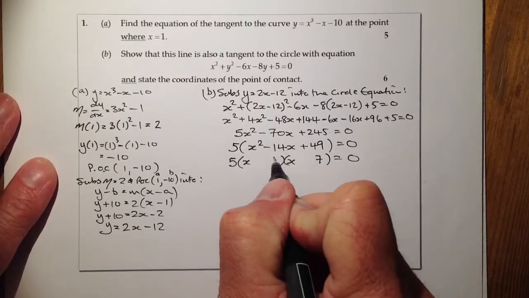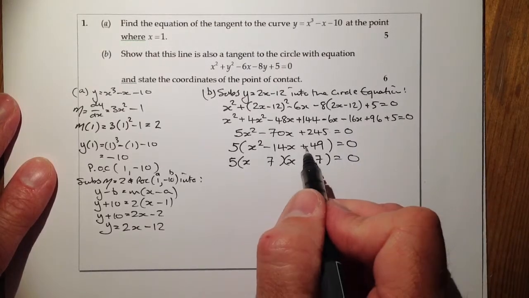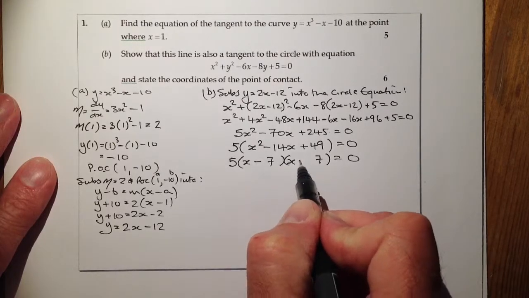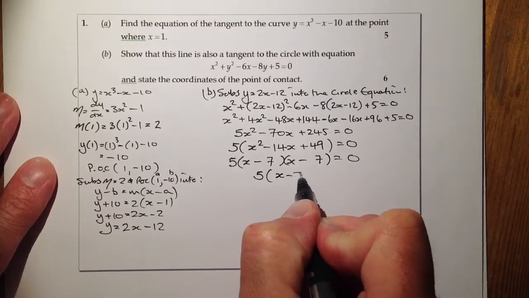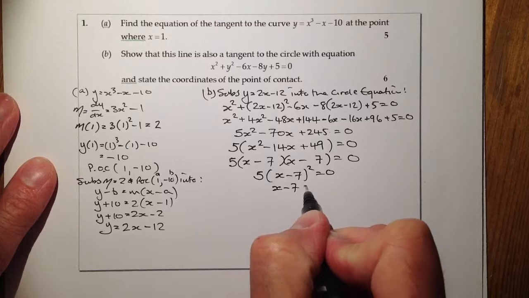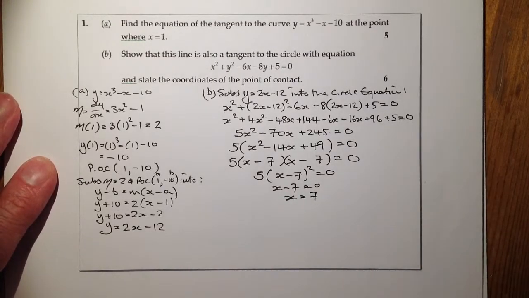These two multiplied together get the 49, and they're either both positives or both negatives. That tells me they're both negatives. So from there we've got 5 times x minus 7 squared equals 0. So x minus 7 equals 0, so the x value equals 7.